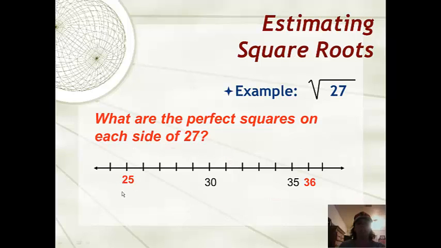25 is right before 27. It is the closest perfect square next to 27. Then we have 36, which is the closest perfect square after 27. Place them on a number line. So we have 25, and then 26, 27, 28, 29, 30, 31, 32, 33, 34, 35, 36.